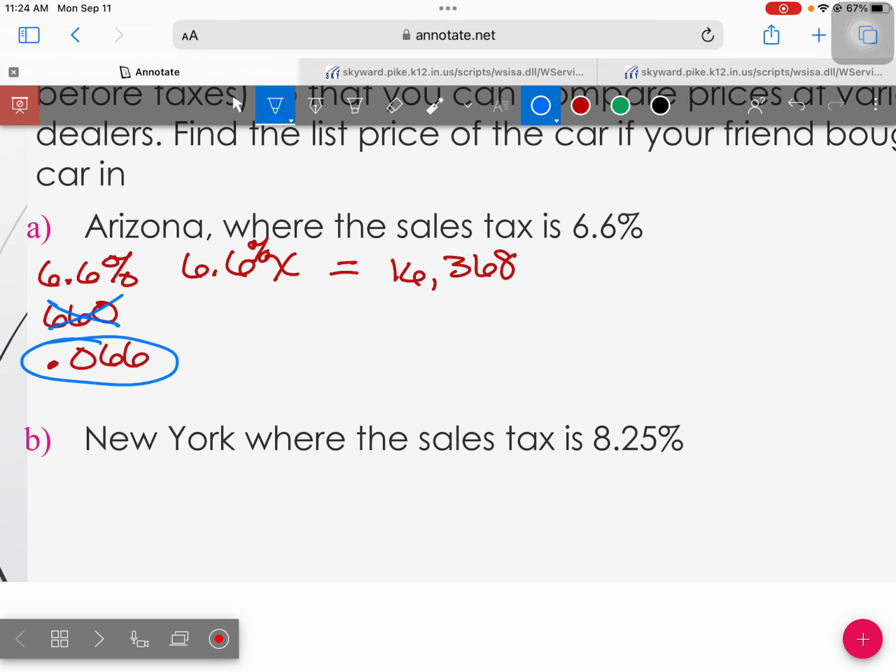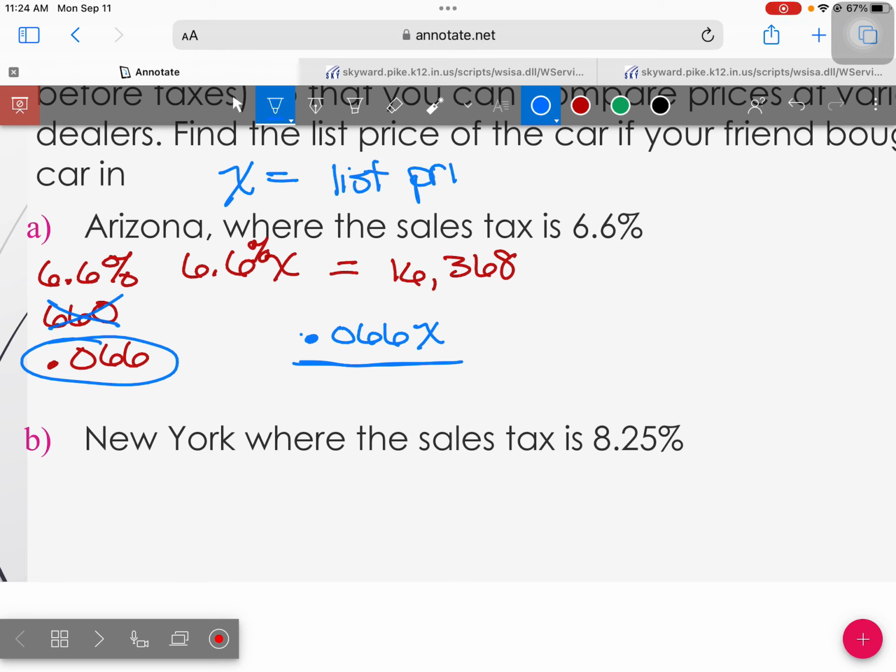So if I take 6.6% times x, 0.066 times x, what does that get me? What does this expression represent? Well, you got to know what x is. That is a great question. What are your thoughts, Vea? The list price.